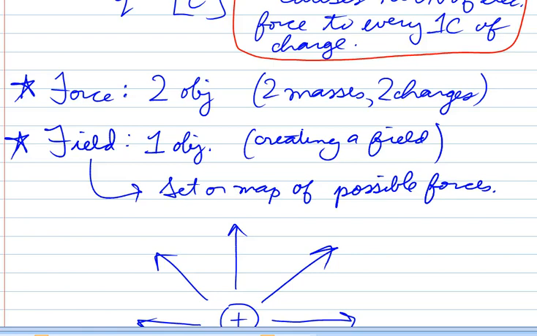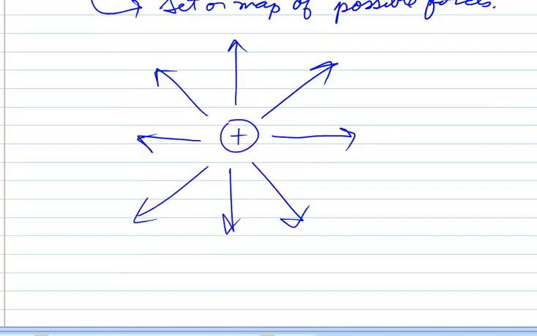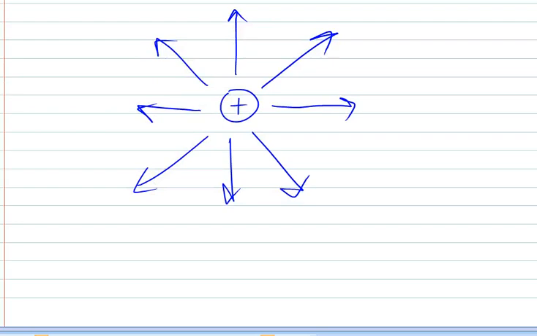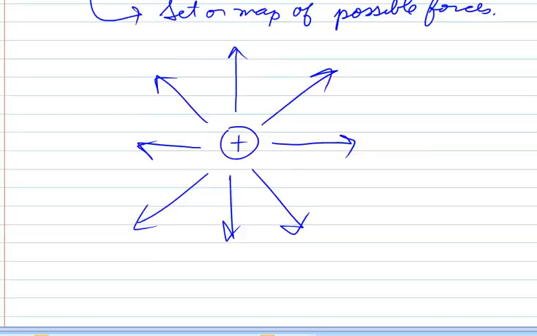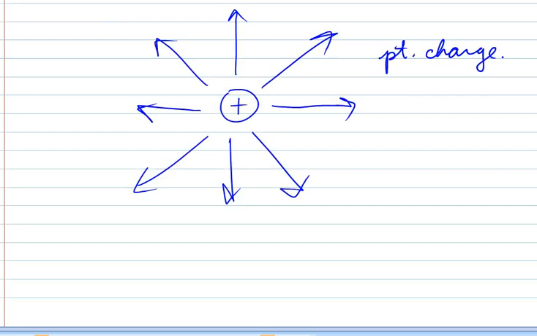Okay? And in later videos, we'll talk about how you can have different types of electric fields. But first, a very quick preview. This is the electric field caused by what we call a point charge. And we'll talk about different types of fields, and you'll explore this in a couple of different computer activities.